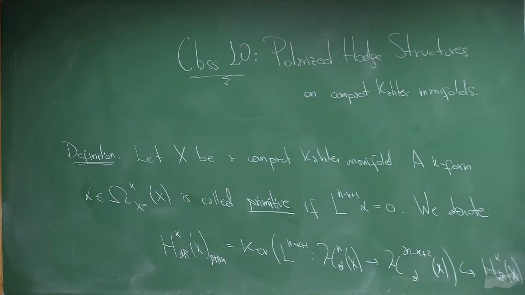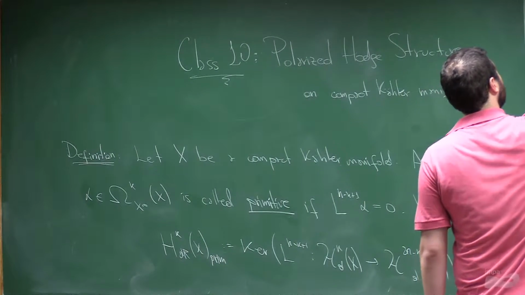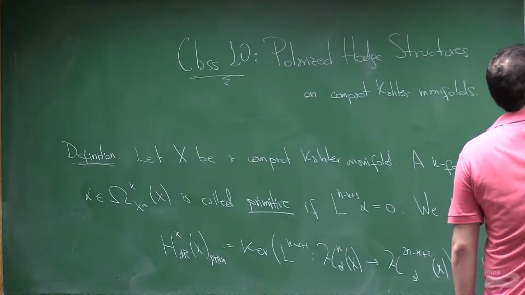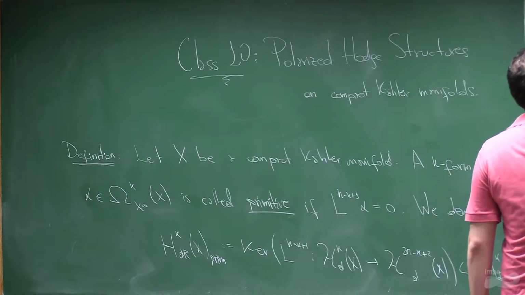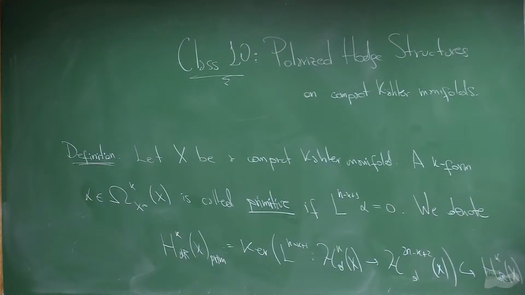Right. So yeah, the remark is that under this Poincaré de Rham isomorphism, the primitive part corresponds with the primitive part of this.